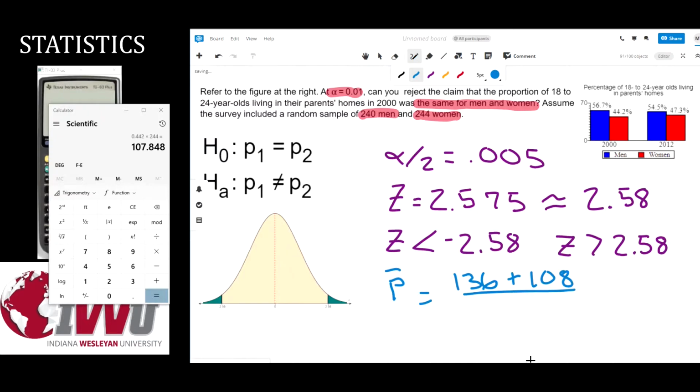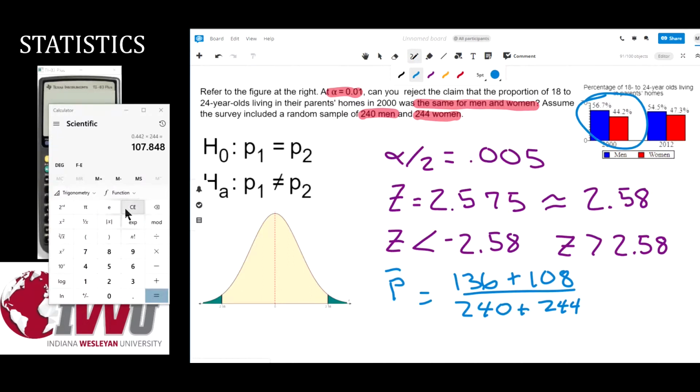And that's going to be divided by the 240 plus the 244. So again, what we're doing here is we're getting what's called the weighted estimate of the population proportions, the p bar. We're pulling those together. That's what we're doing. And what does that end up equaling? Let's take a look here.